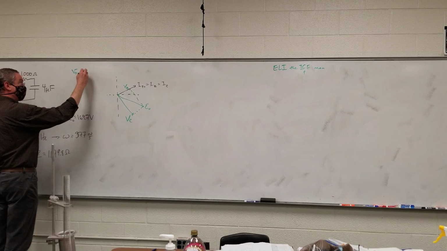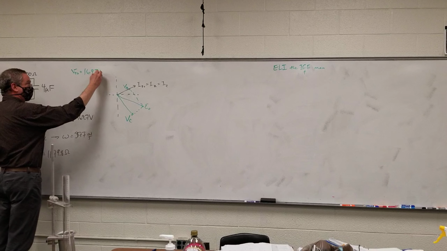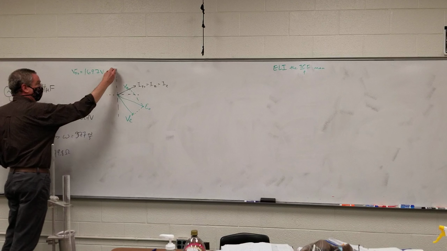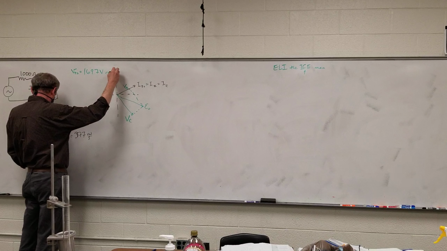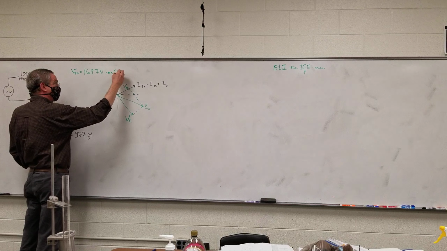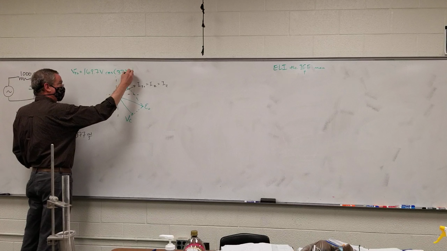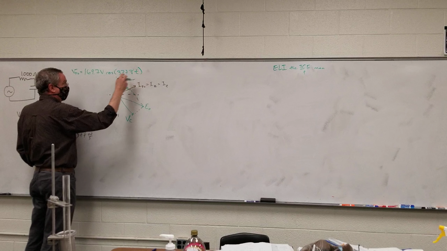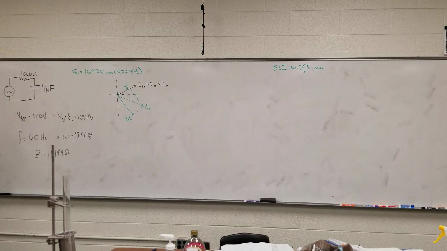So this was 169.7 volts cosine of omega t, where omega is 377 radians per second, and we are establishing that when time is equal to 0, the power supply is at its maximum, and everything else is based upon that.